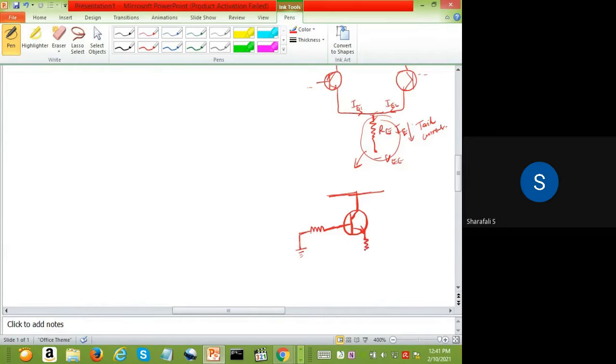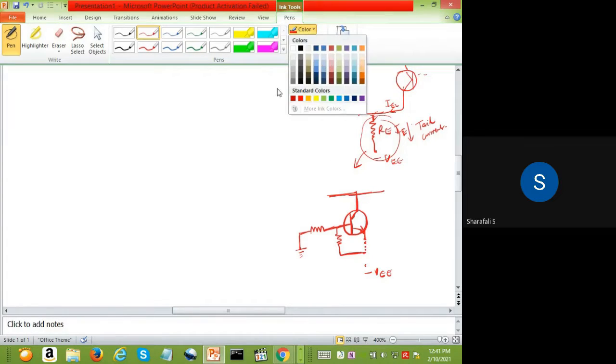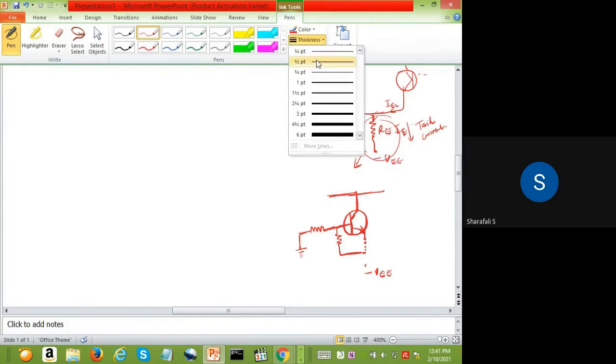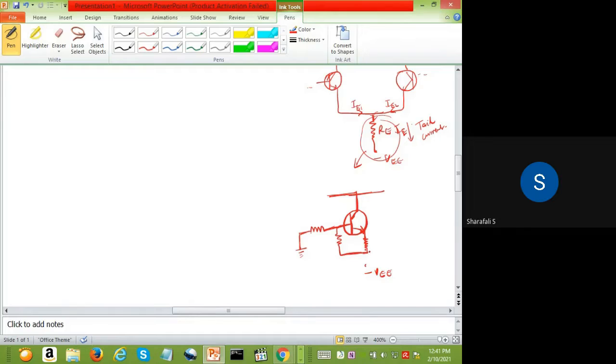And from the emitter side, we have another resistor. This is R2, this is R1. This is your Q3, the third transistor.